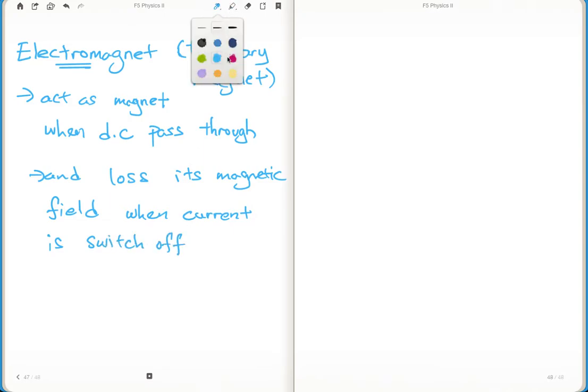Okay, so when direct current passes through, you get a magnet, and it will lose its magnetic field when it's switched off. Okay, then about the strength. We mentioned previously the Faraday law. Okay.